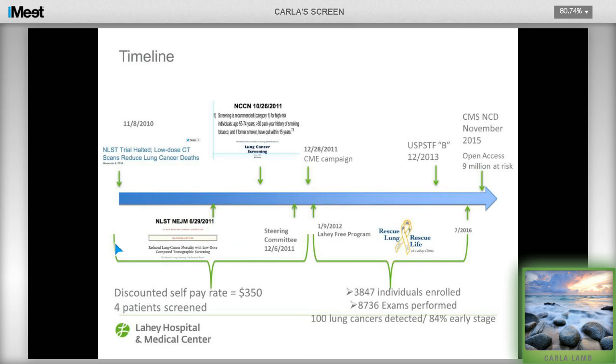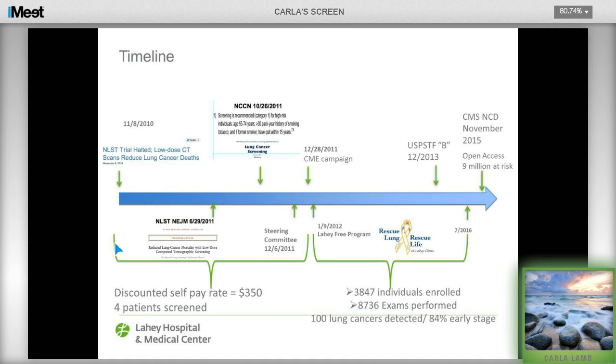So with that, I want to let you look at a timeline, again, the reference point from the NLST, but also the NCCN, the evolution of who actually should be screened. And I think going forward, there will be ongoing changes to the patients who will be screened, who will benefit the most, so that we're screening the appropriate population.